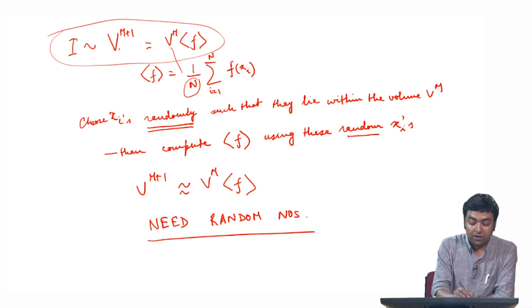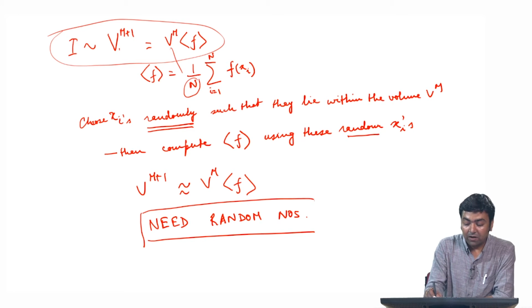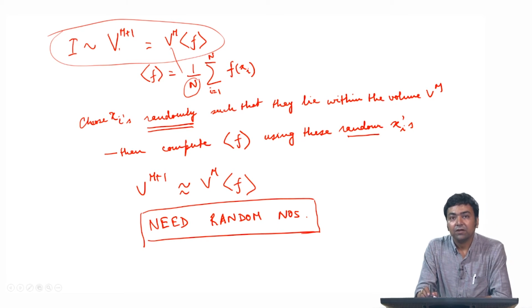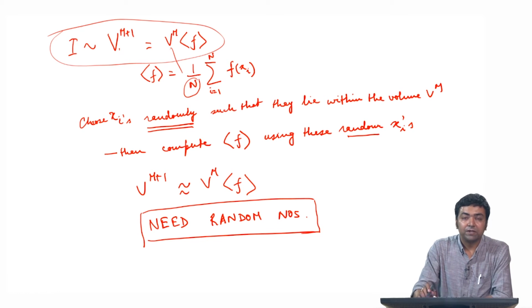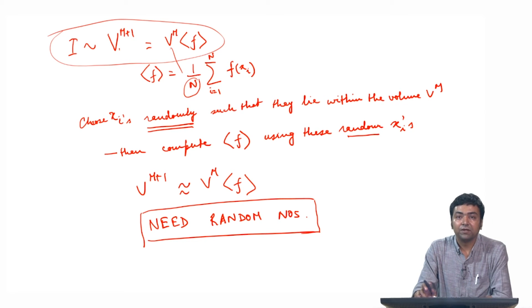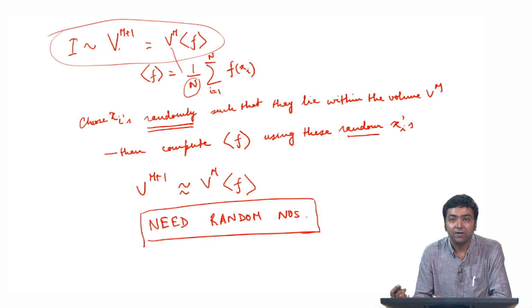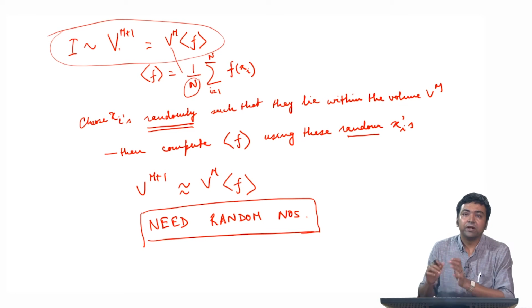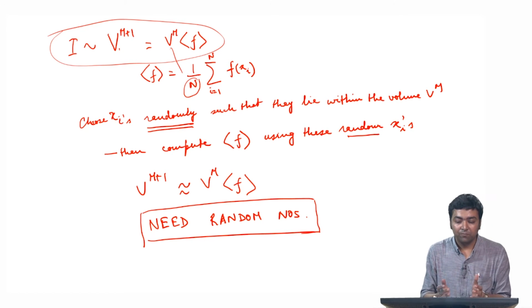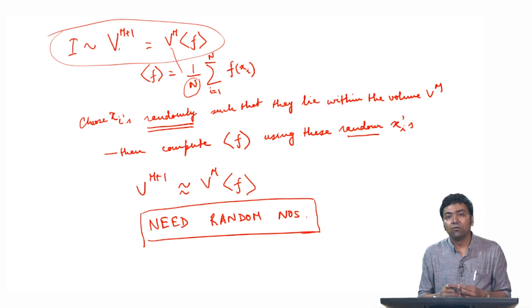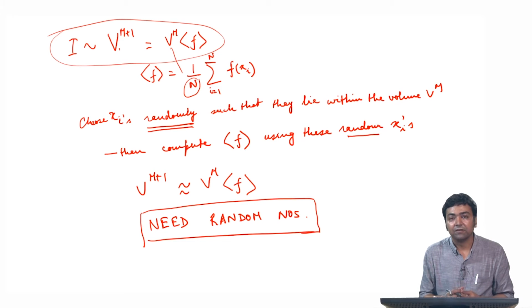Since we are using random numbers to determine the grid points that we will use to compute the average of the function, we do not know a priori which grid points we are going to use. We only know that these grid points will lie within the volume enclosed by the sides, but we do not know where specifically they will be.